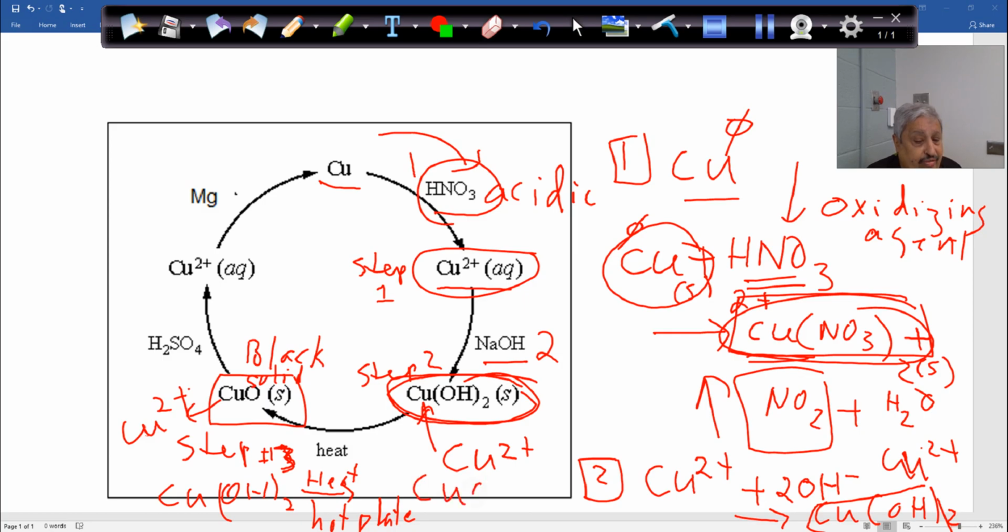Copper hydroxide will give you copper oxide, which is a black precipitate, plus H2O. Okay guys? Everybody's following? Step 4, which is coming here. This is step 4 here.